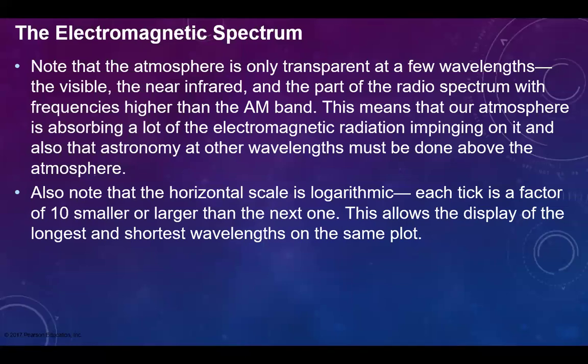So the atmosphere is only transparent at a few different wavelengths. The visible, the near infrared, and part of the radio spectrum that has frequencies that are higher than the AM radio band. Below the AM radio band, there's actually an ionized layer in the atmosphere that the radio waves will bounce off of.